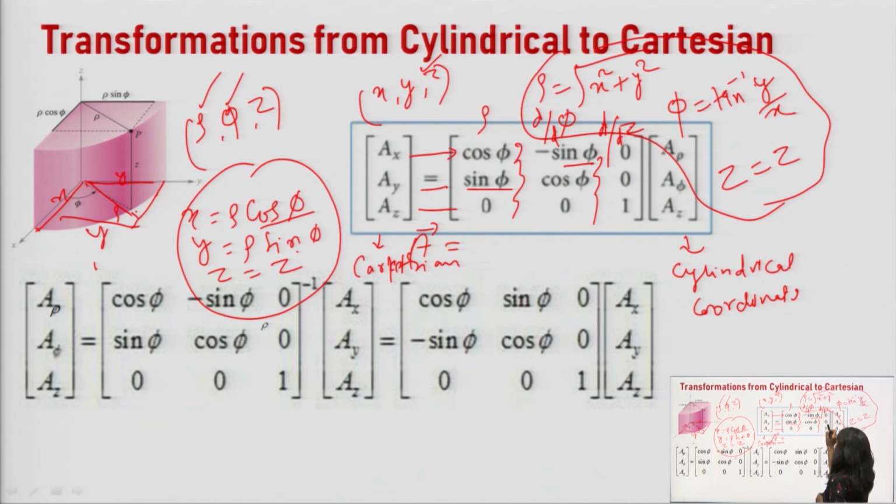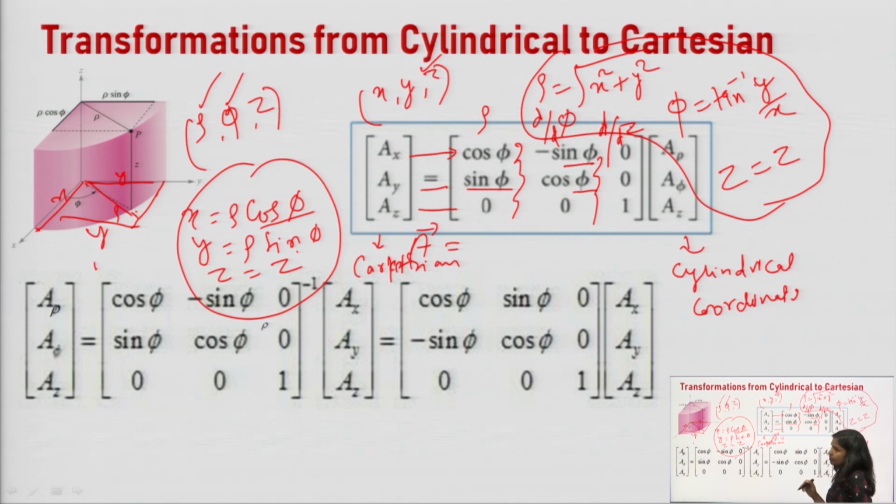Similar thing will happen for this also, and here we will keep 1 because we know that the z value is the same in Cartesian as well as the cylindrical coordinate. So in this way we can remember the transformation formula for cylindrical to Cartesian.